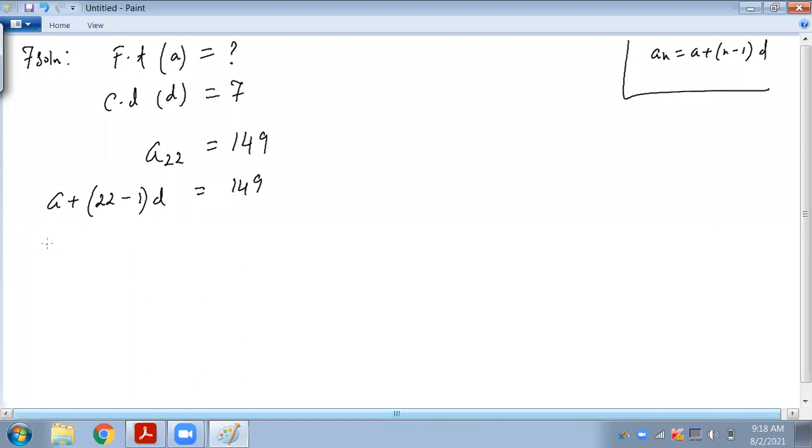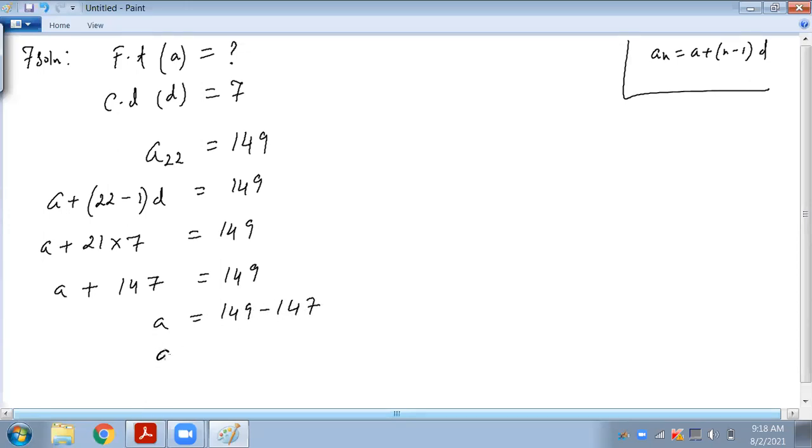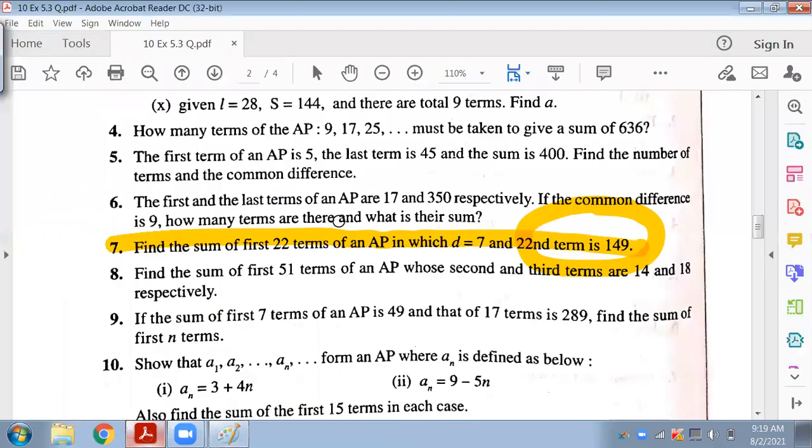Now put the value. a we don't know. 22 minus 1 is 21 into d, which is 7, equal to 149. So a plus 7 7s are 147. We're going to find a, so take the term without a to the other side, so it becomes minus 147. So a equal to how much? 2.